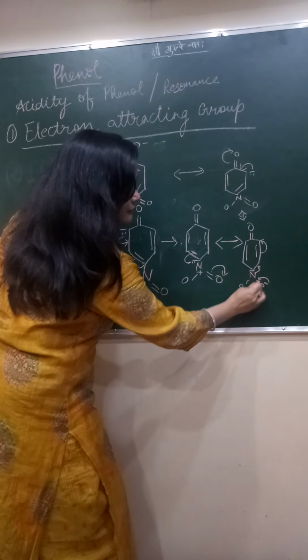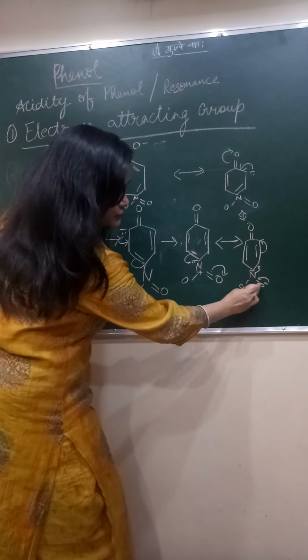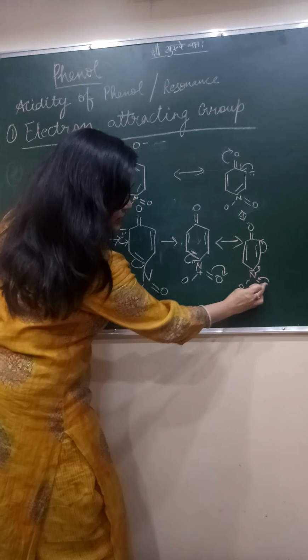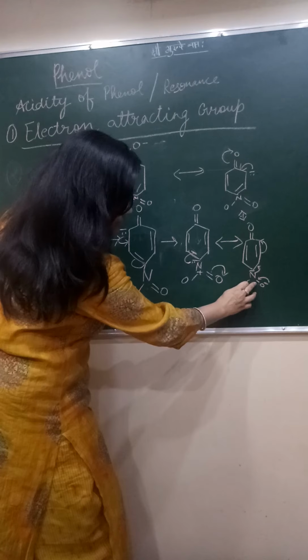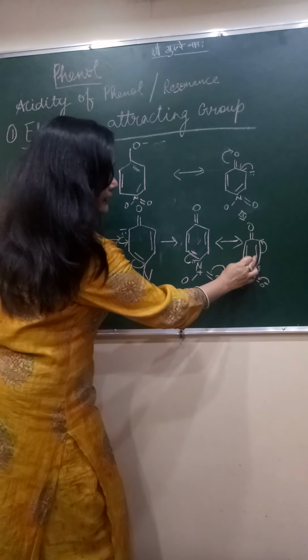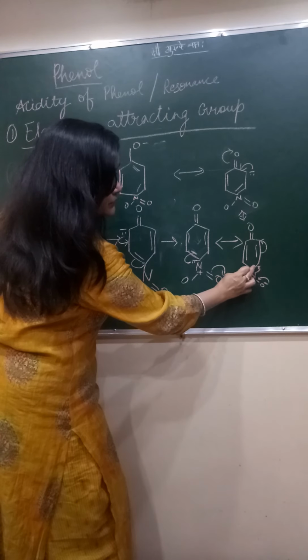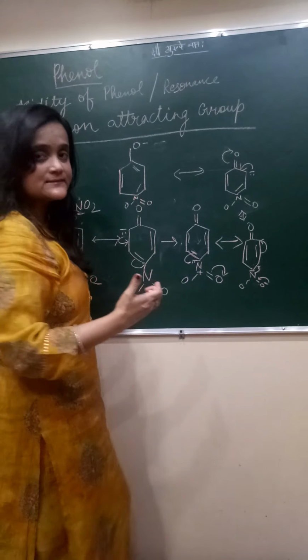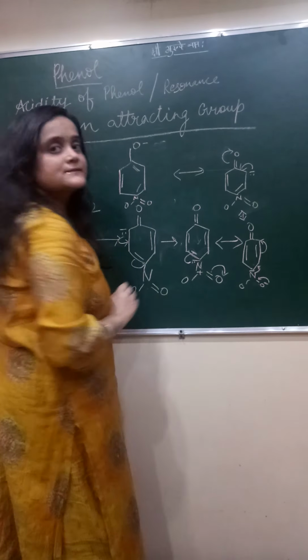Now it will give back its electrons here in this structure, because charge is spreading throughout the ring, and when it gives the lone pair of electrons here, these lone pair of electrons will shift at this point. And when this lone pair shifts at this bond, it has to complete its valency, and will shift at this carbon point.